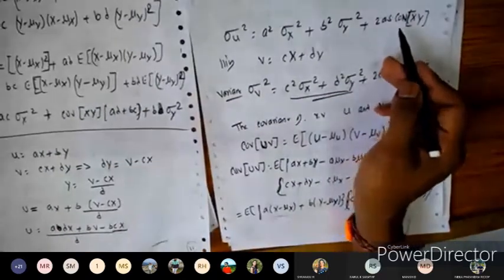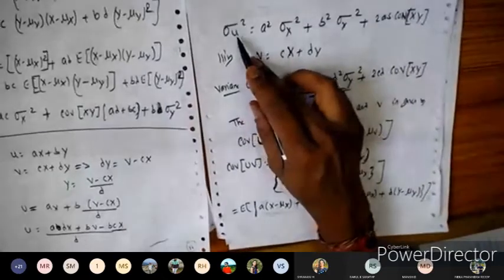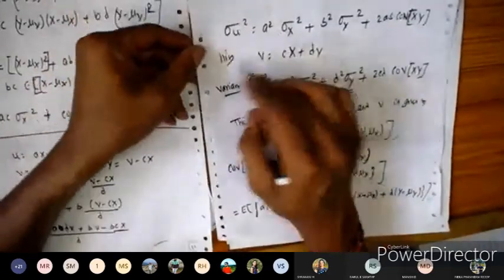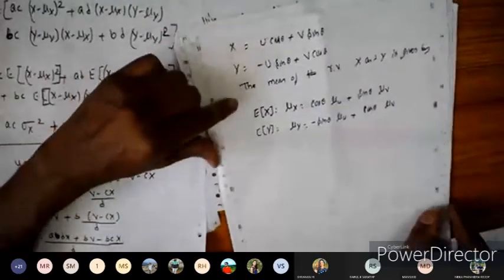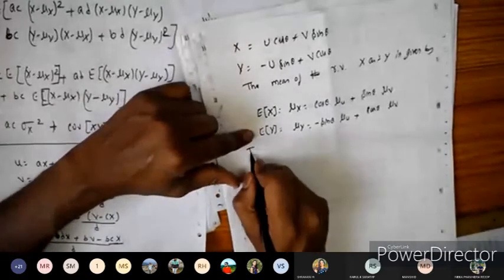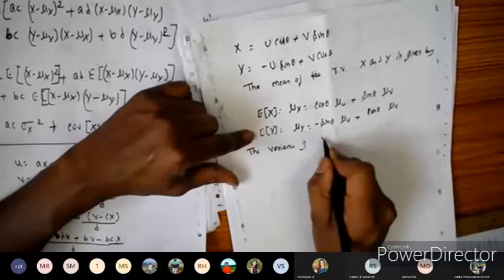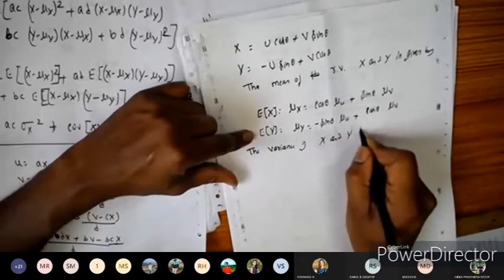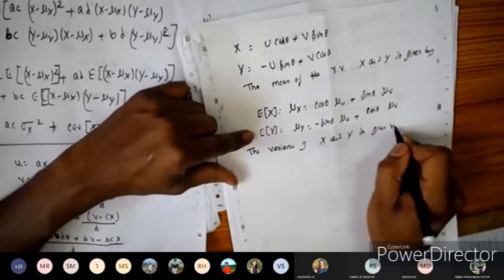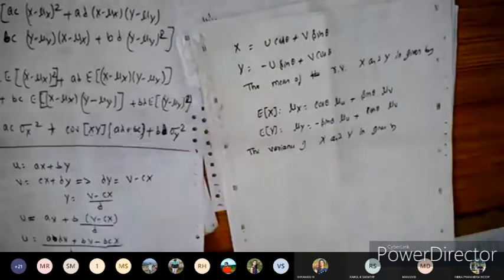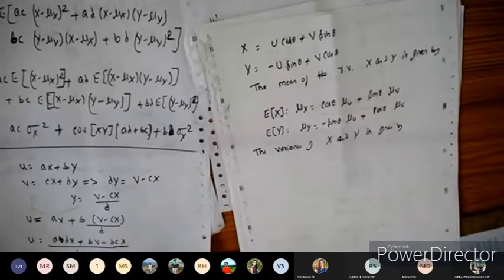Similarly, we are going to find out the variance of this one. I'm just going to change the variables as per this one. You can take the variance of x and y is given by this expression.